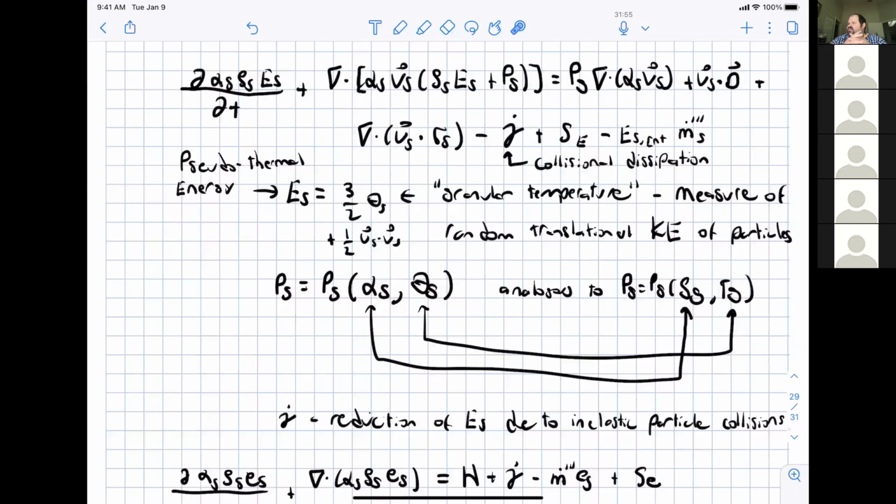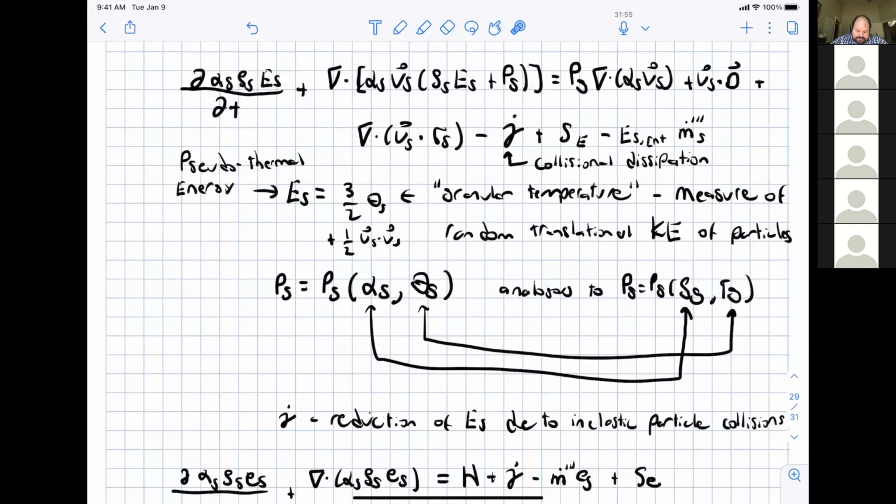For particles, those terms are not present, because the particles are so large that the intermolecular forces between them are small in comparison to all of the other forces.